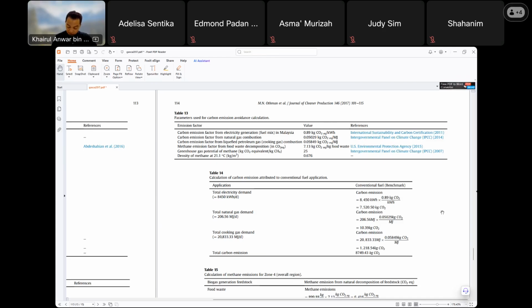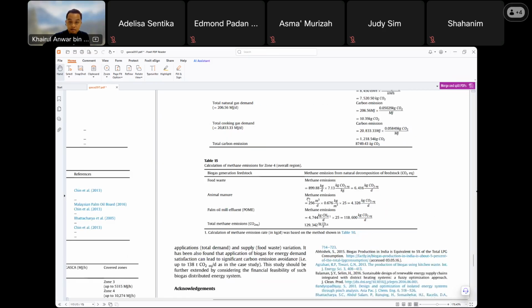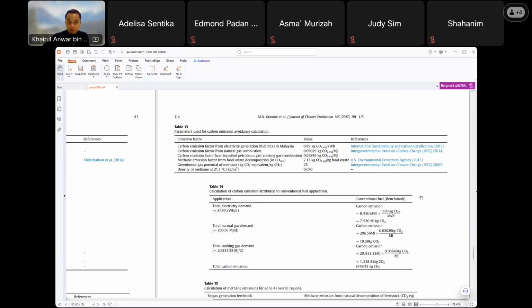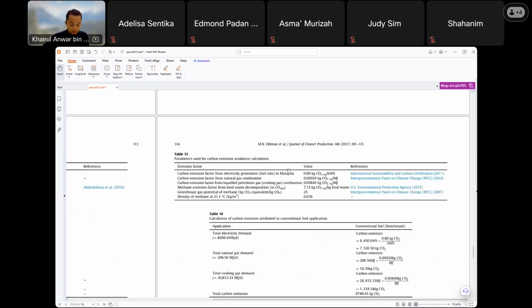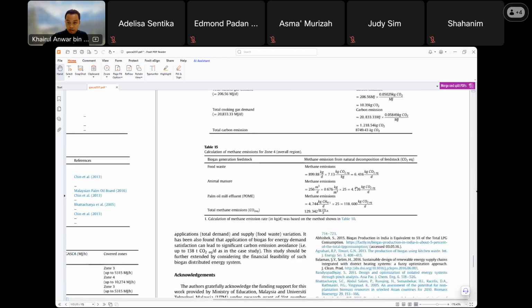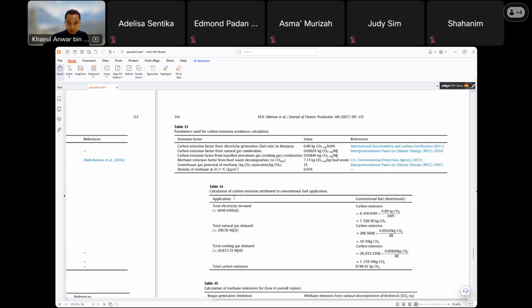Moreover, it was found that biogas capture from anaerobic treatment of food waste and manure from home feedstock led to methane emission avoidance up to 129,345 kilograms CO2 equivalent per day, as shown in table 15. This is methane emission. So the methane emission value is coming from this table as well. So methane emission is coming from the food waste and manure compound.